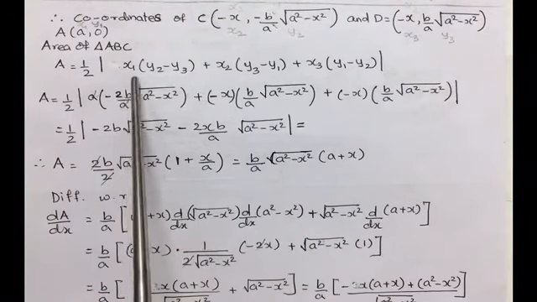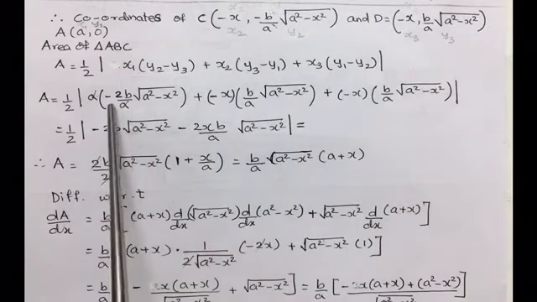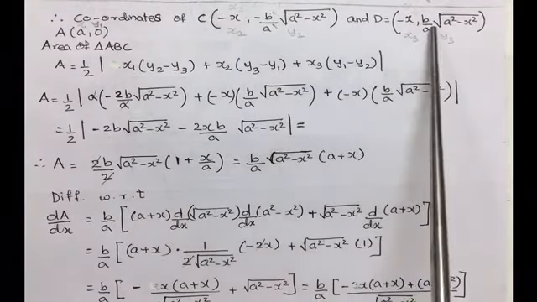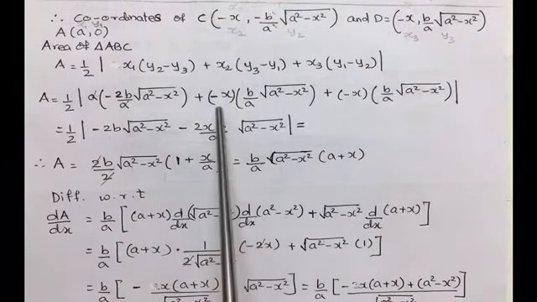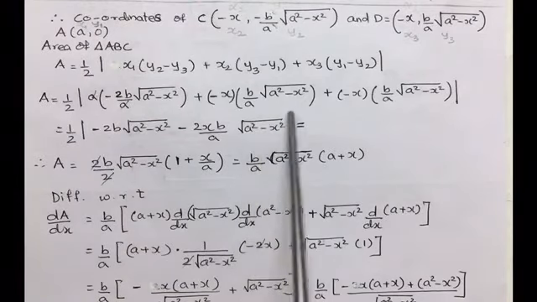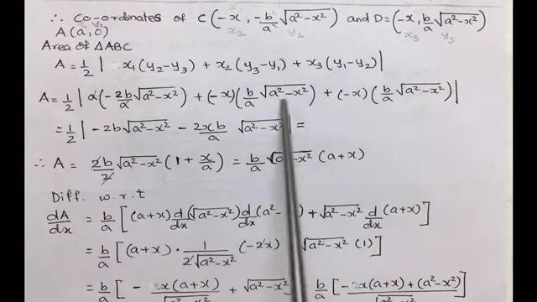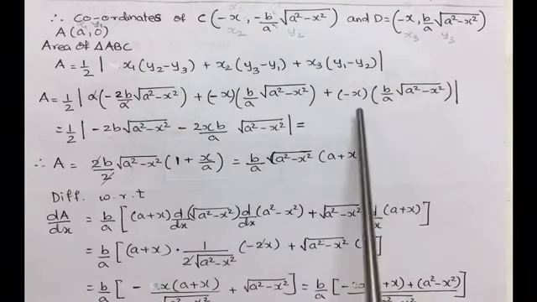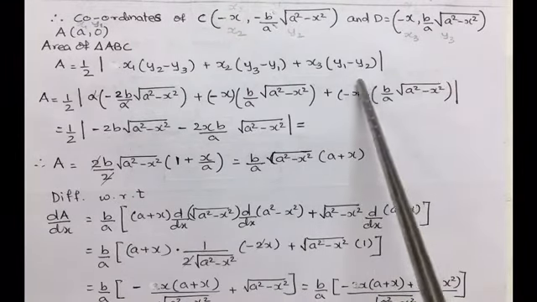We get here x1, y2 minus y3 will give us minus 2b by a under root a square minus x square, because minus and minus will make it plus, so minus we will get here. x2 value is minus x, and y3 minus y1, as 0 is y1's value, so we get b upon a under root a square minus x square, plus x3 value is again negative, so we get here y1 minus y2.